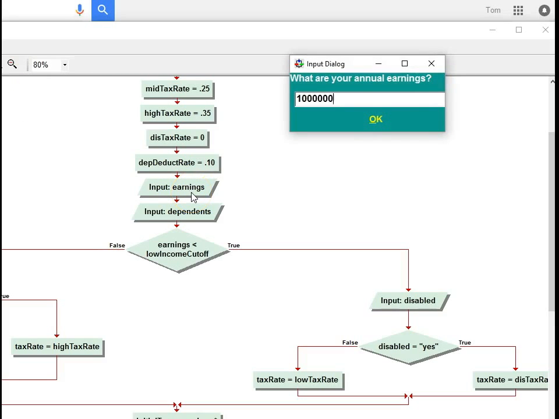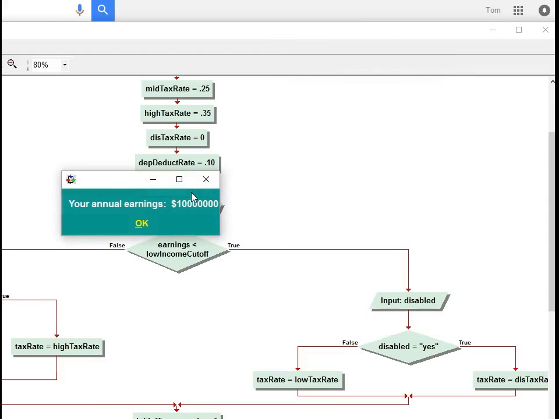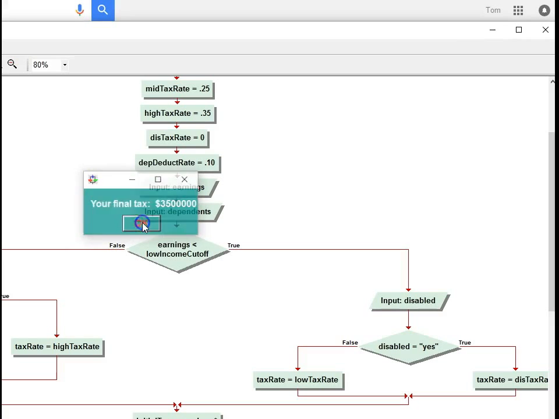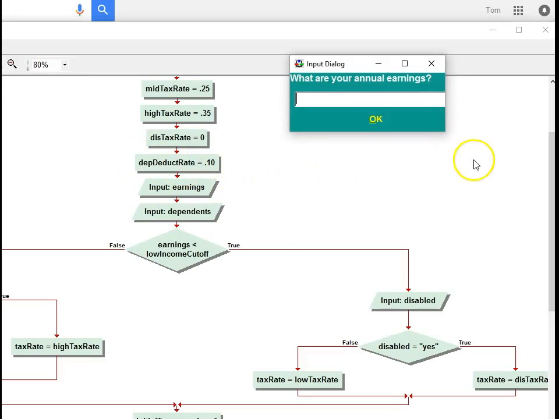So if we do $1 million, and we'll say that no, we don't have any dependents. Now it's going to ask us the second question. We pay our $350,000, or was that $35 million, and then no deductions, and then that's the end. So let's do one more, and this will have the disability.